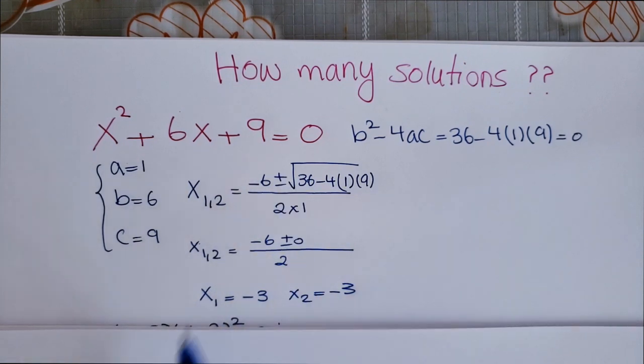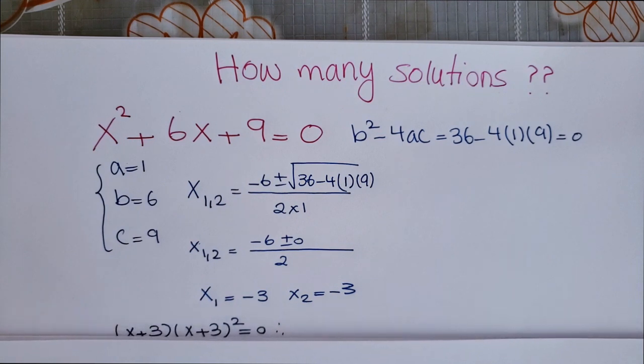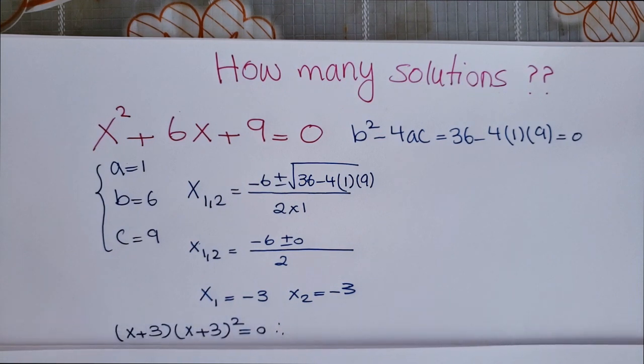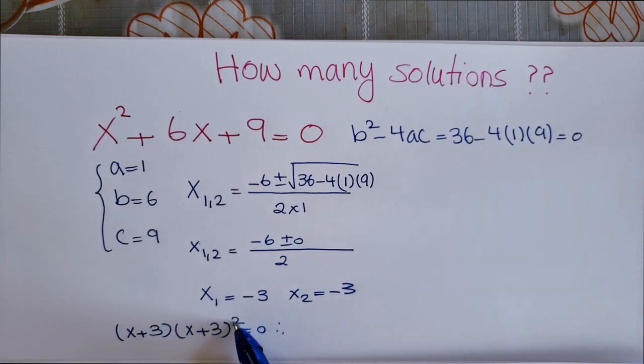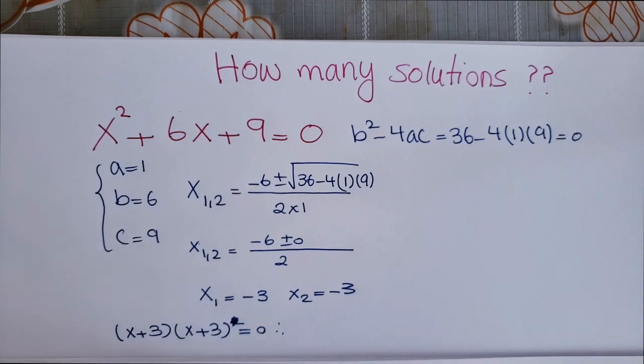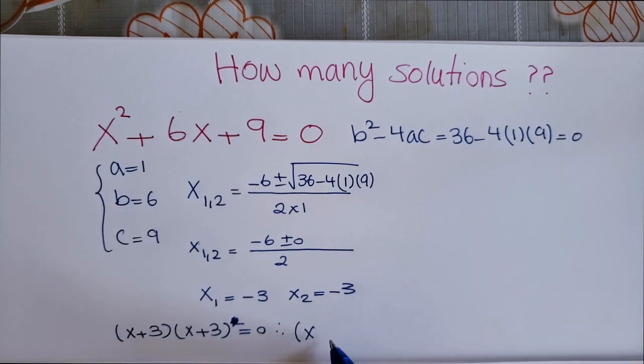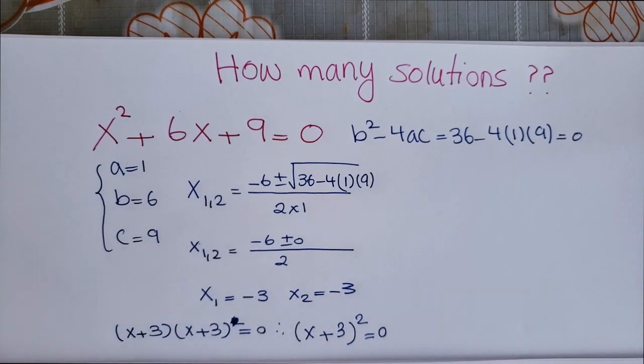So if I want to rewrite this quadratic function, it will change into x plus 3 times x plus 3, right? Or in other words, I can simply write it as x plus 3 to the power 2, which is equal to 0. Okay, so this is the first method, which is quadratic formula.